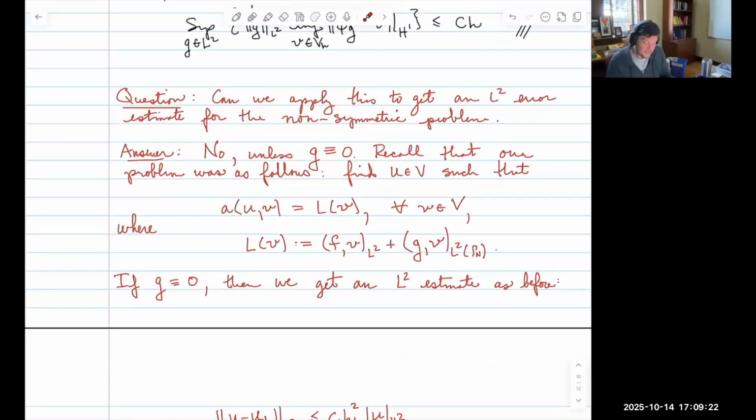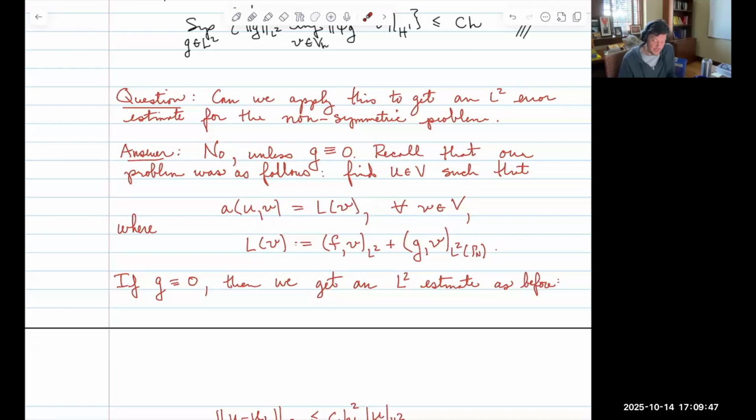So can we apply this directly to get an L2 error estimate for the non-symmetric problem that we exhibited above? No, the problem is we can't do this unless g is equal to 0. Why? Because remember the formulation was a(u,v) equals l(v), and we can't really deal with terms which look like this.